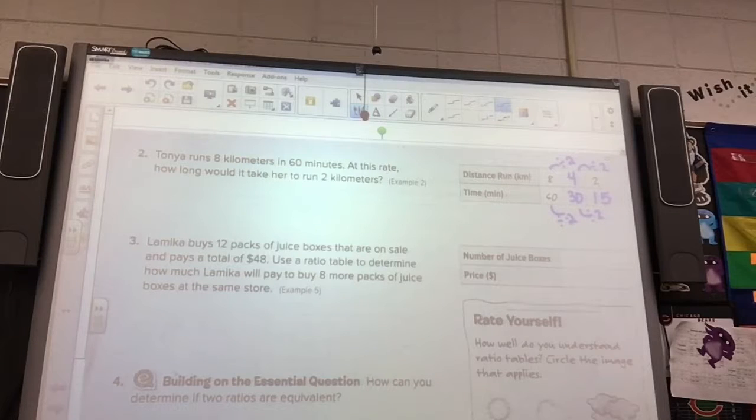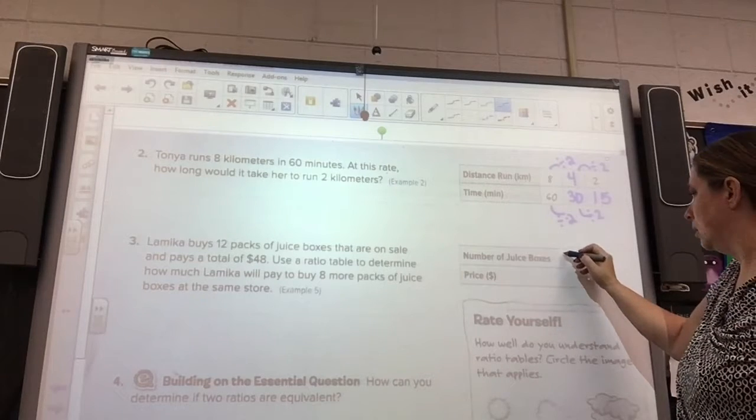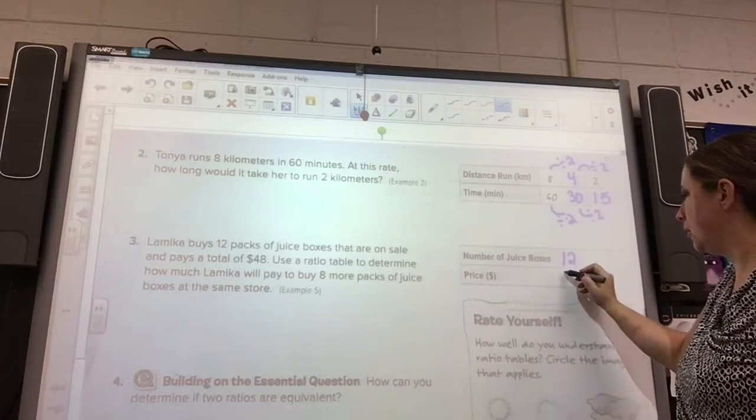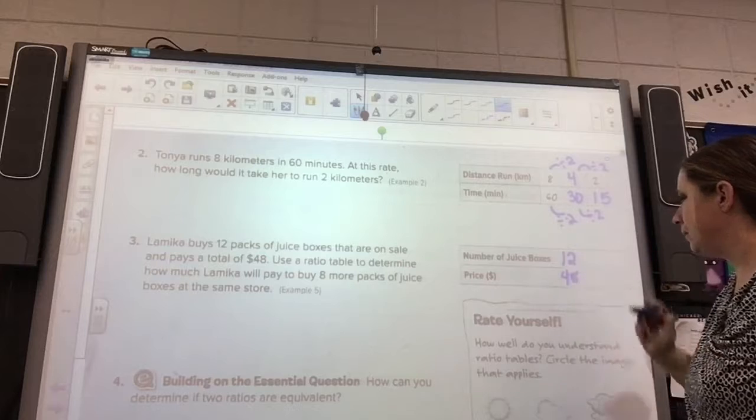All right, number 3 does not get us anything in our boxes. We have to figure this out. So, Lamika buys 12 packs of juice boxes that are on sale, and she pays a total of $48. So 12 packs costs her 48 bucks.